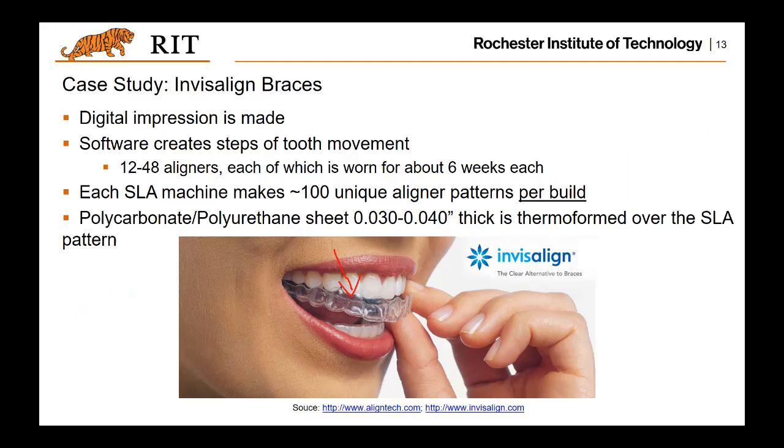Instead, they 3D print the modified teeth model, because you want to have your teeth move. Then the software will generate how it looks if your teeth have little movement. And that model will be 3D printed.